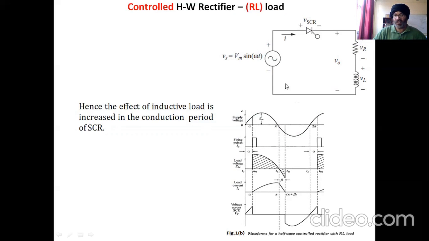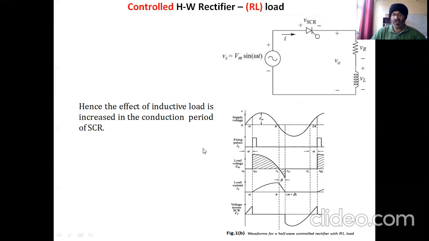Whatever voltage we have in the negative half cycle, because the thyristor is turned off now, the complete voltage will be applied across the thyristor, as we can see from here, until it is fired again or a gate pulse is applied again.